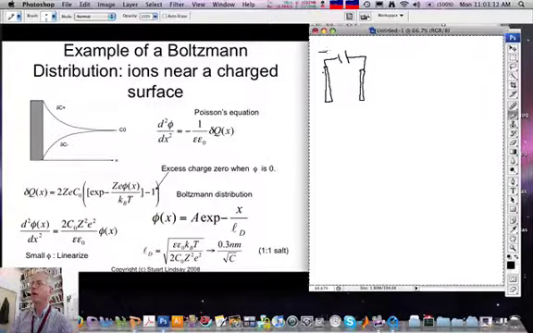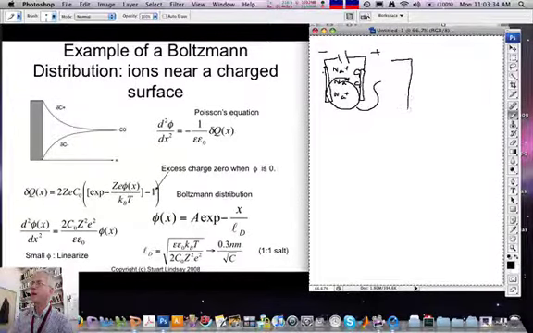So here's the negative terminal, here's the positive terminal. There's excess electronic charge on the surface of this electrode, the negative electrode here. So let's say sodium ions will accumulate on this electrode if it's a sodium chloride electrolyte, and chloride ions will accumulate on this one. So let's zoom into the surface of this electrode.